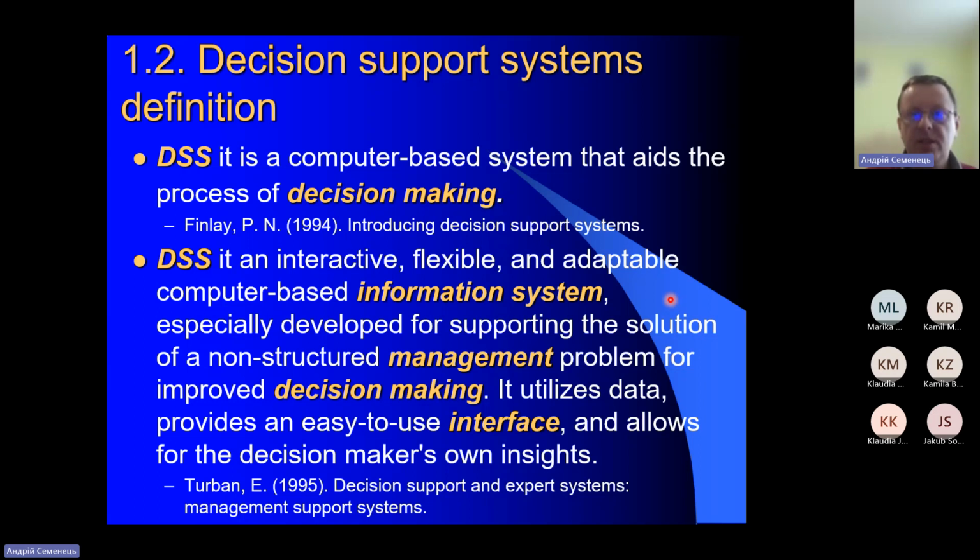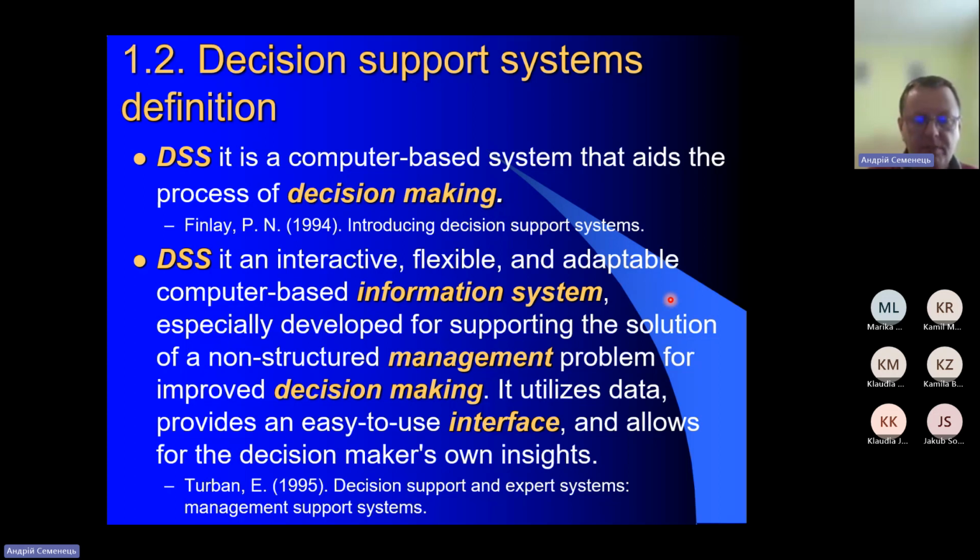In fact, this definition gives the majority of features of a DSS as a kind of computer-based system, and also signals the kind of problems that have to be solved with its help.